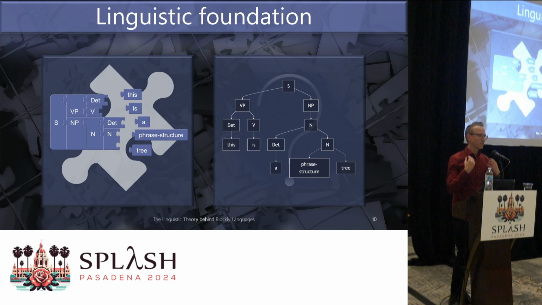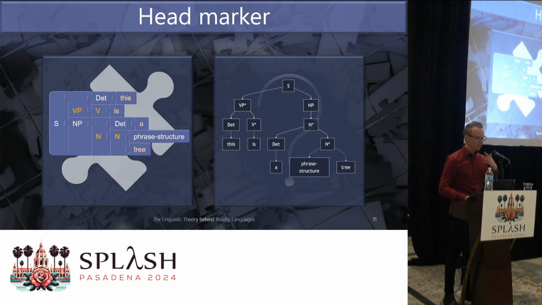So what you have to do now is to decide for each phrase which word of the phrase is actually the head. So for example, the head of the sentence is the verb phrase, and the head of the verb phrase is the verb. So maybe you know head-driven phrase structure grammar, where you also have the concept that each phrase has a head.